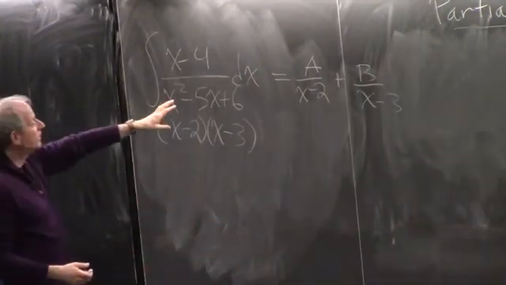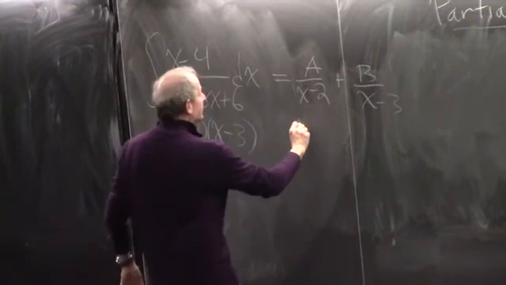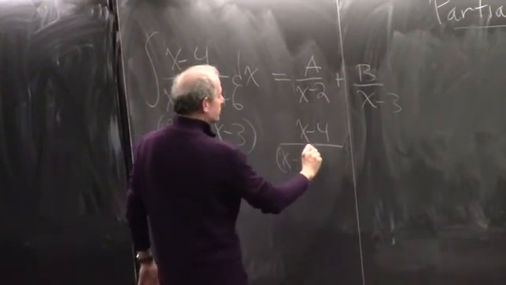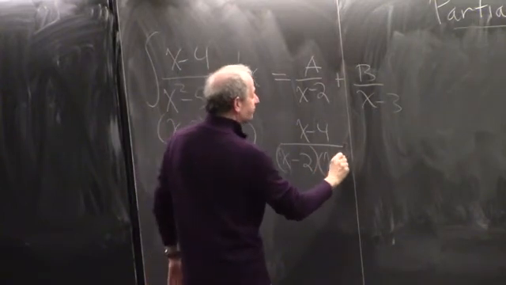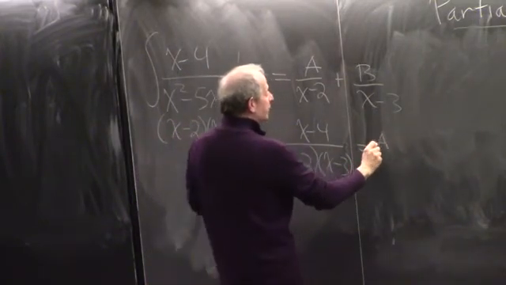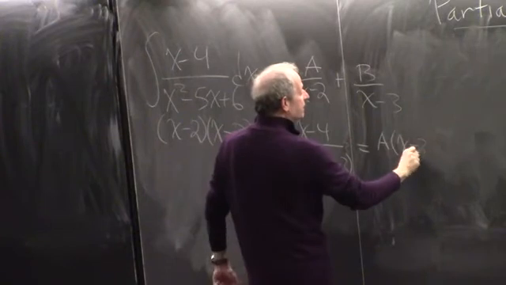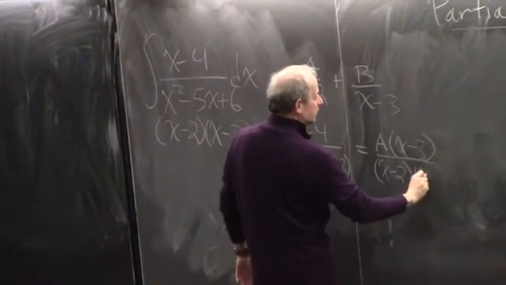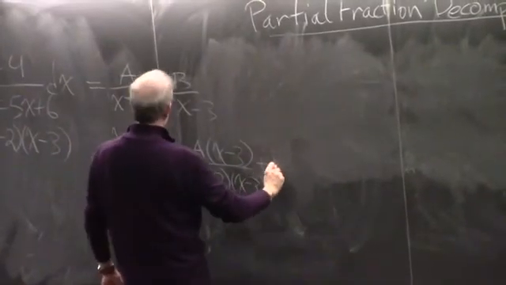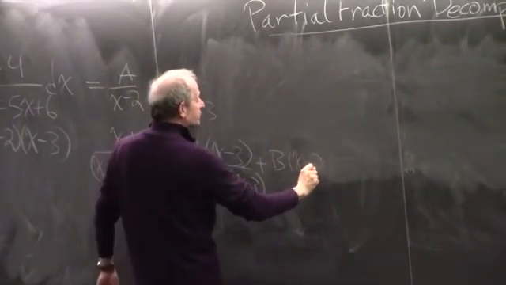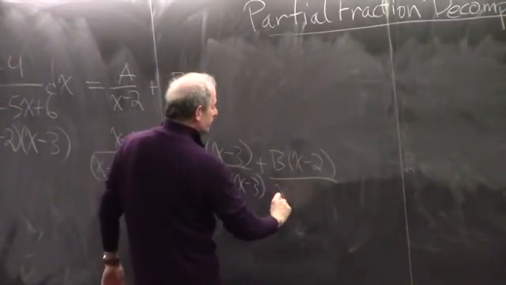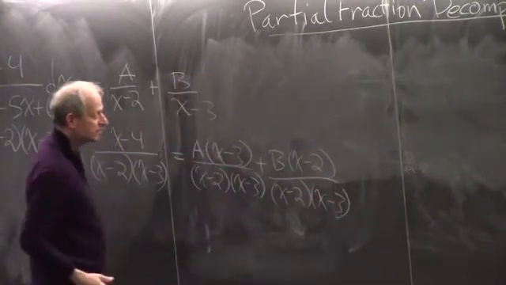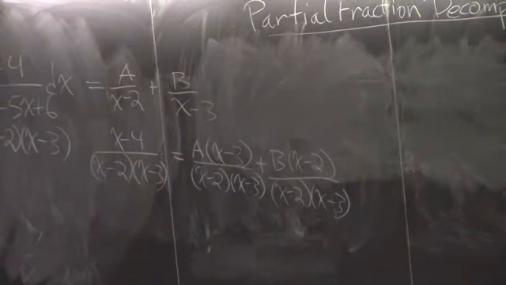So we know now that x minus 4 over x minus 2, x minus 3 is A multiplied top and bottom by x minus 3, plus B times x minus 2, over x minus 2, x minus 3. Okay? Yes?